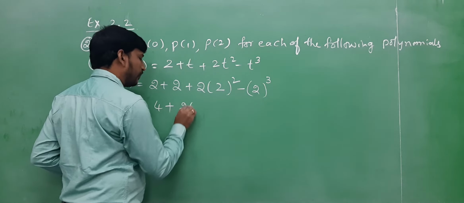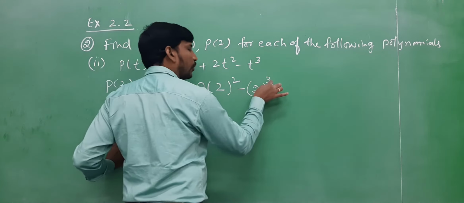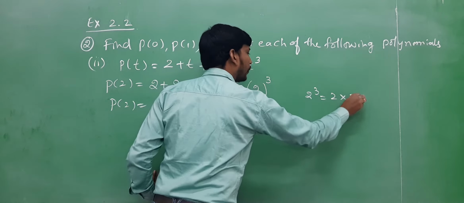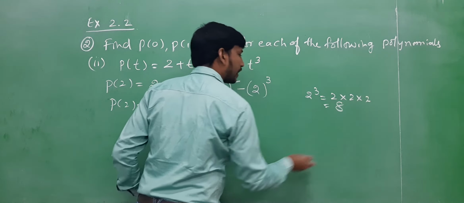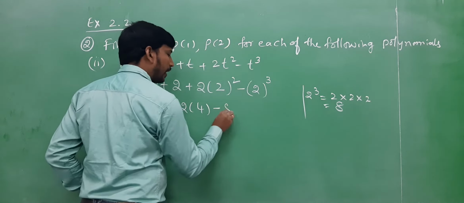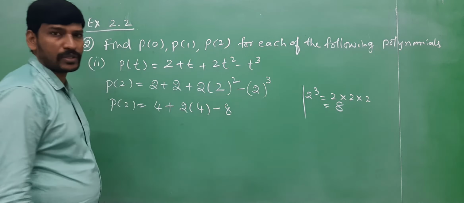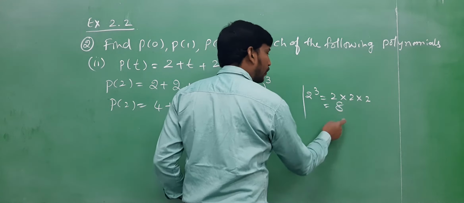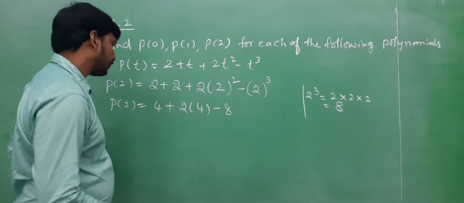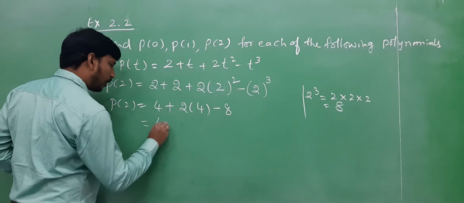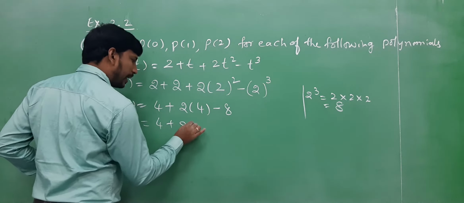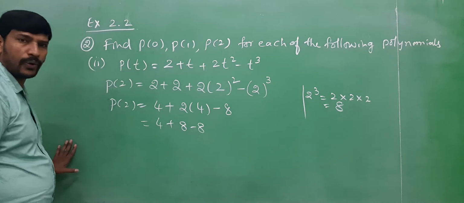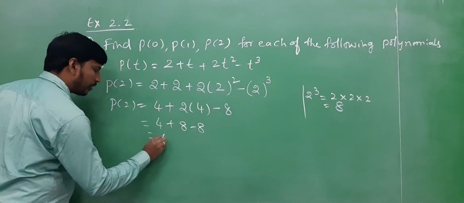So 2 into 4 minus 2 cube. 2 cube is nothing but what here? 2 into 2 into 2, that is 8. Okay, so 2 cube is 8. 2 multiplied 3 times. Okay, 2 multiplied by itself 3 times. 2 into 2 into 2, that is the meaning of 2 cube. Now, which implies 4 plus 2 4s are 8, minus 8. 8 minus 8 is 0. 4 plus 0 is 4. So therefore here it is equal to 4.